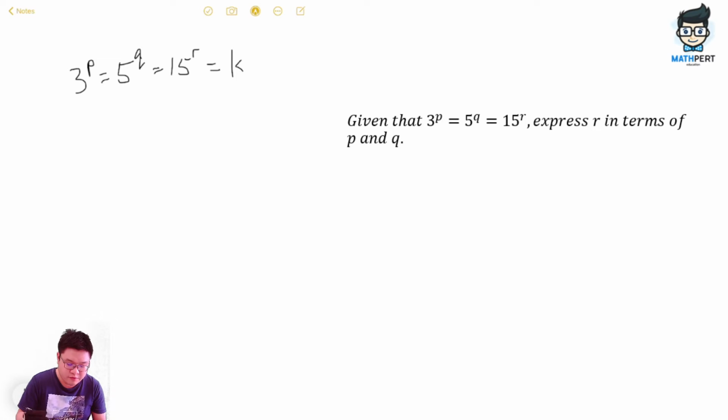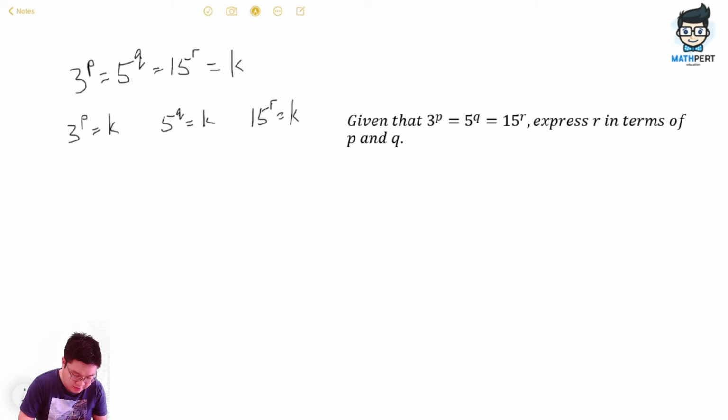Right? So from here, we can say that 3 power p is equal to k, isn't it? Then 5 power q is equal to k, and then 15 power r is equal to k. Alright? So I add log on both left hand side and right hand side.